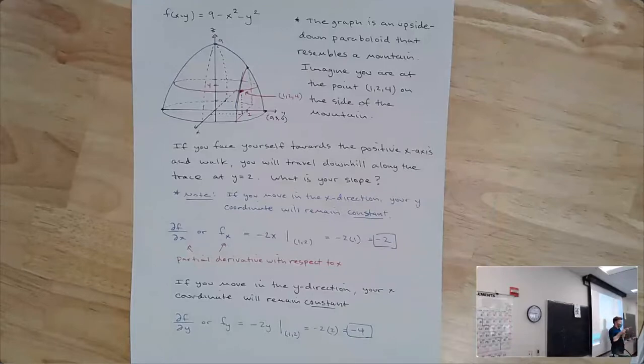If I travel in this direction, am I going up the hill or am I going down the hill? I'm starting there and I'm moving that way. What is it? Up or down? I'm going down. I'm moving out away from that point, coming down this way out towards you.